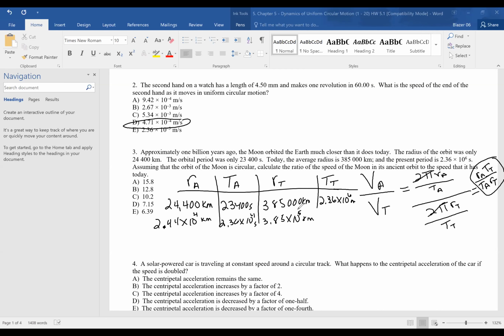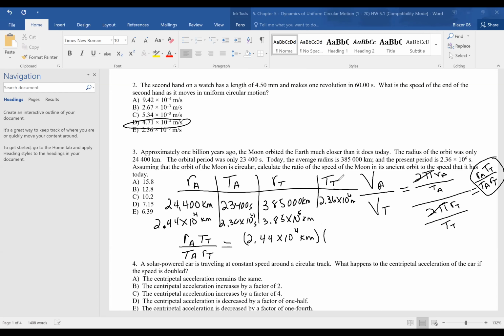So now we're going to solve for the radius at ancient times, using the period today divided by the period at ancient times and the radius today from here. So now let's plug these in. We have 2.44 times 10 to the 4th kilometers.